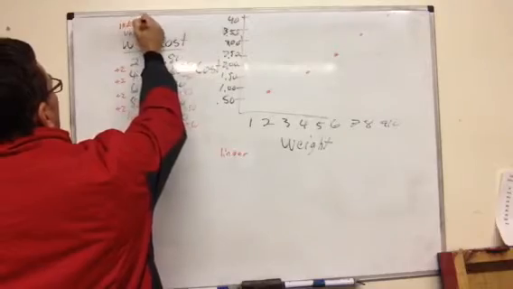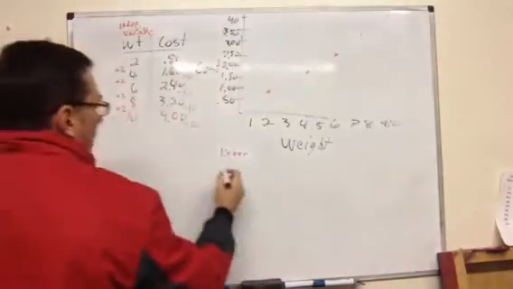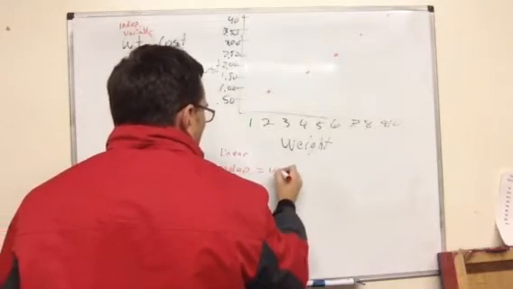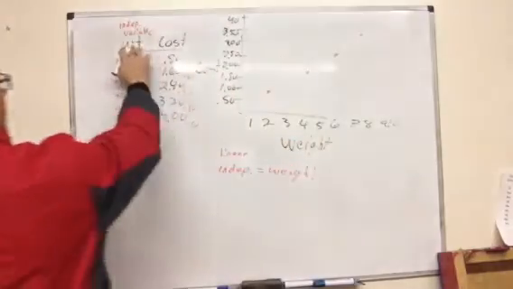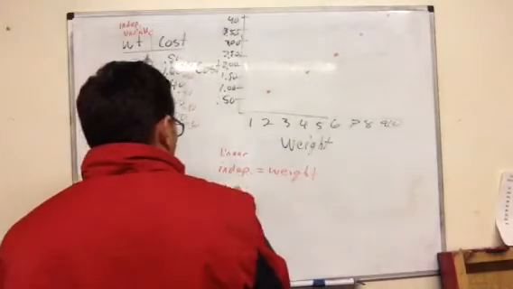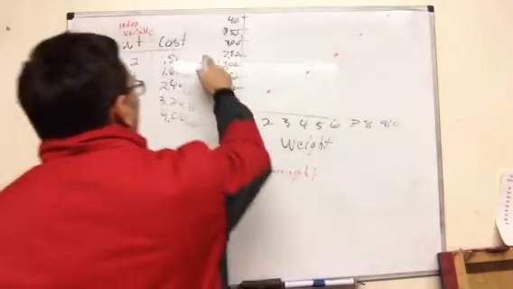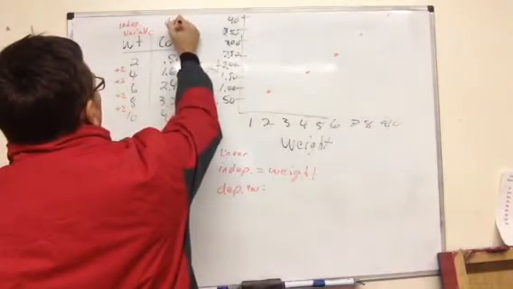So the independent variable is weight. It's listed down here, and it's our first thing in our chart here. Our dependent variable is our cost. That's the second thing here. Here's your dependent variable.